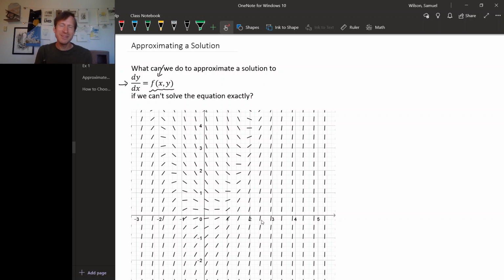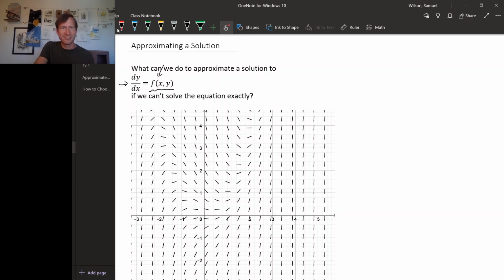Well, for one thing, we know that every differential equation we've ever looked at has infinitely many solutions. For a first-order equation, typically, if you have just one point, you can find a solution through that point. So one thing we're going to have to start with to narrow it down to just one solution is an initial condition. An initial condition for a first-order equation is just some point in the plane.